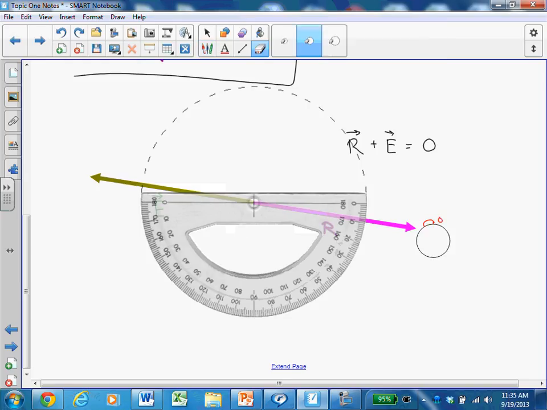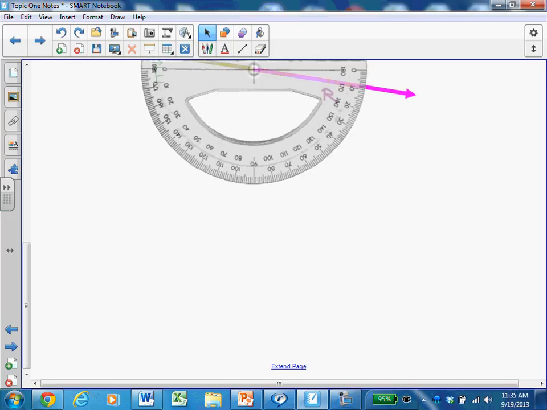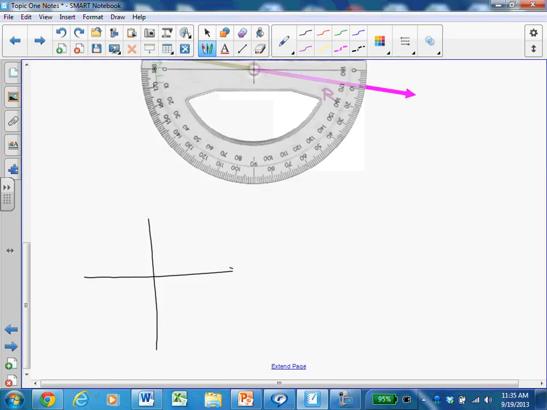But let's have a reminder here of our angles. This here was 0 degrees, right? Up here was 90 degrees. That would be 180, and that would be 270. Okay?